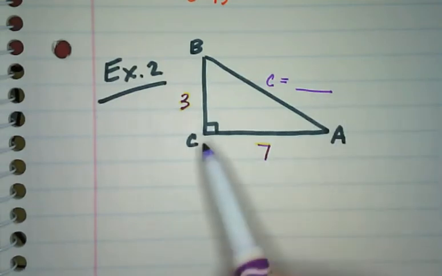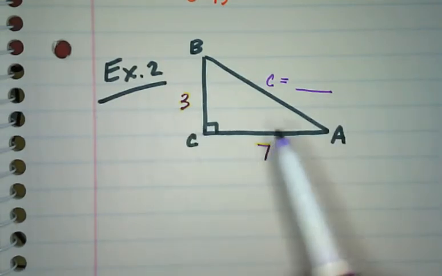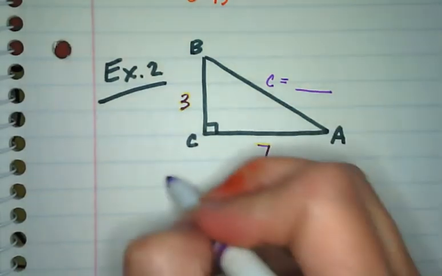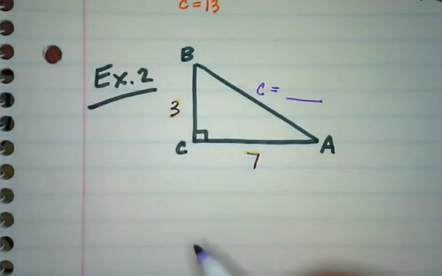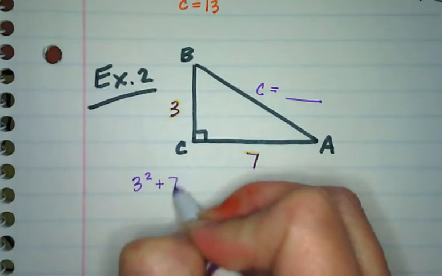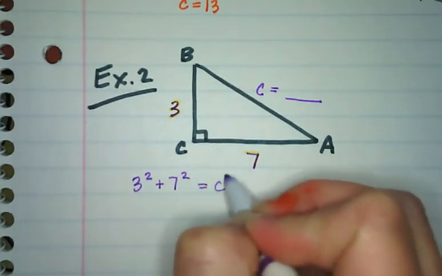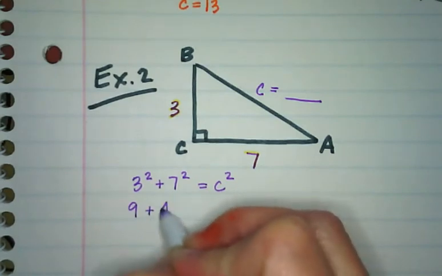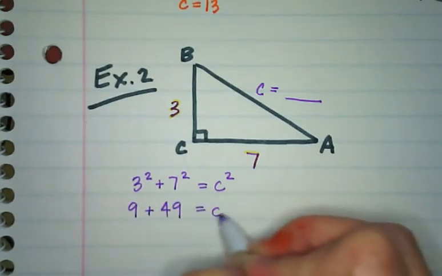So we know that A and B are the 3 and the 7. If we use the Pythagorean Theorem, we could say that 3 squared plus 7 squared would equal C squared. So 9 plus 49 equals C squared.